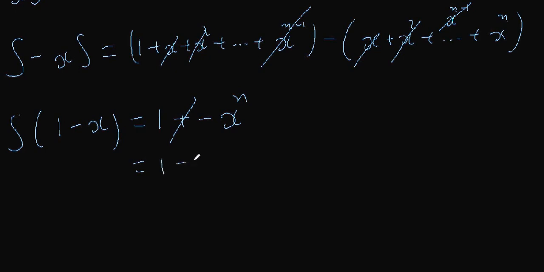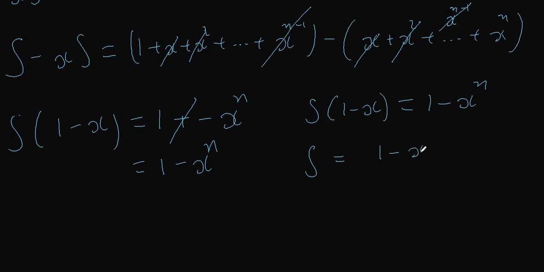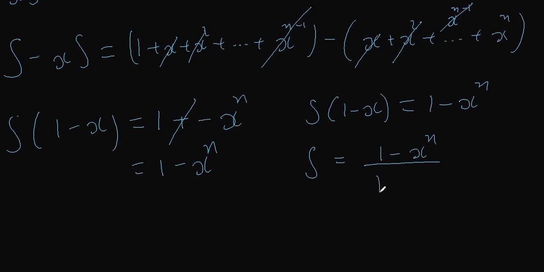So this is equal to 1 minus x to the n, and so this means that s times 1 minus x is equal to 1 minus x to the n, and finally s is equal to 1 minus x to the n divided by 1 minus x.